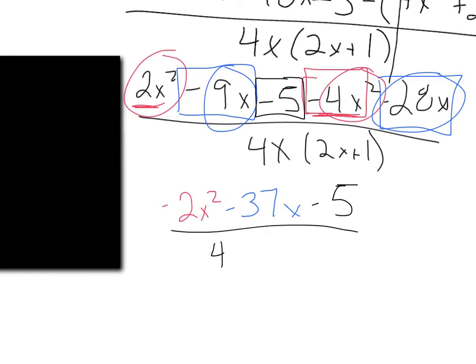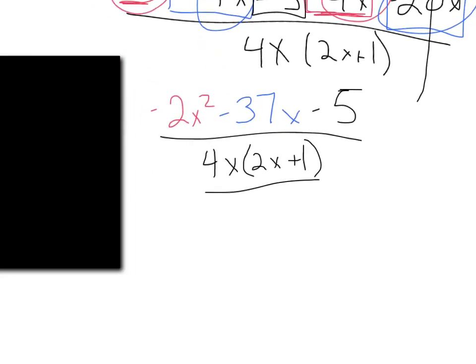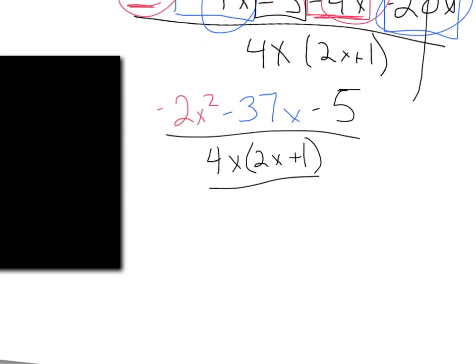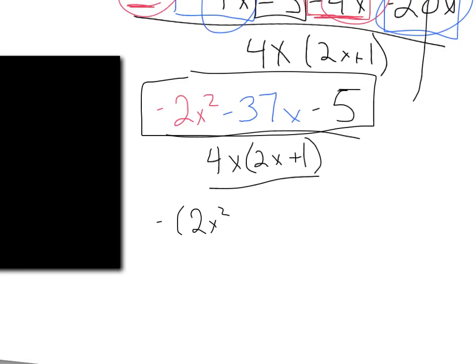Now you notice I haven't simplified my bottom. A lot of times you'll be able to get to this point and you'll be able to factor something out so that you will be able to cancel something on the bottom with something on the top. So I haven't seen anything throughout this point to show me that. But just to check and see if I can factor this top chunk, I'm going to first take out a negative so that I can have my x squared term being positive.